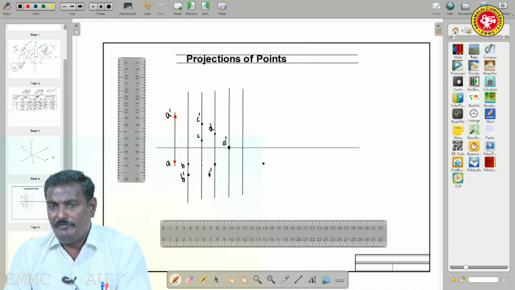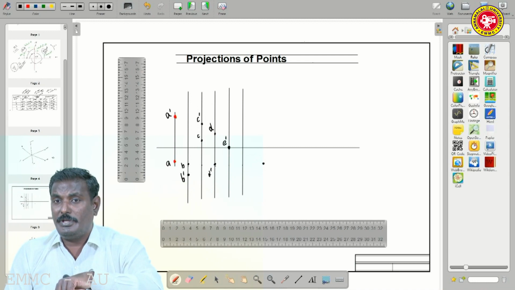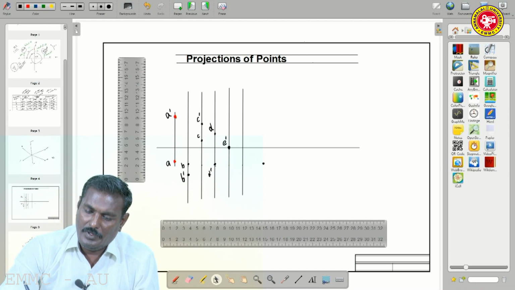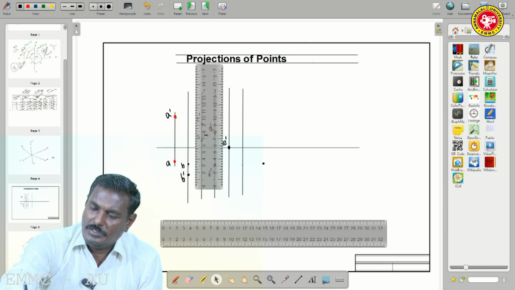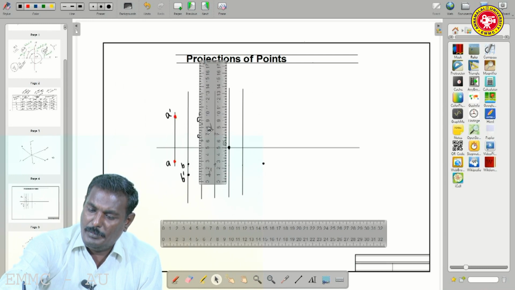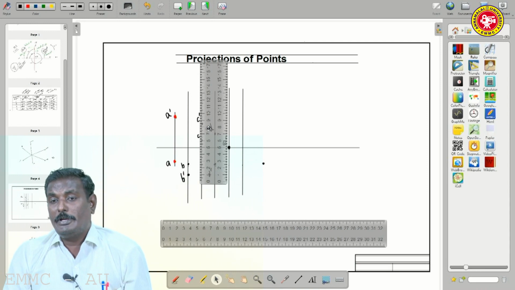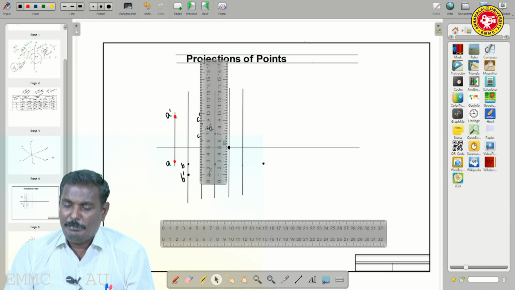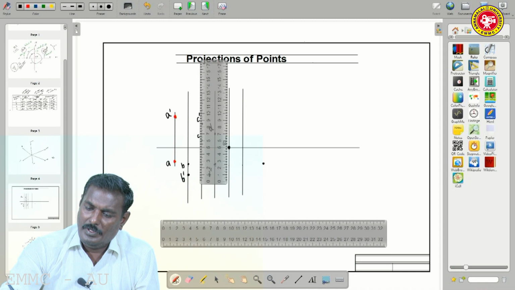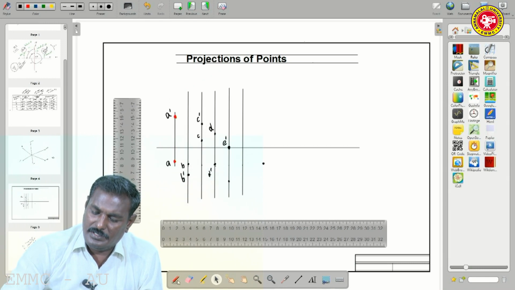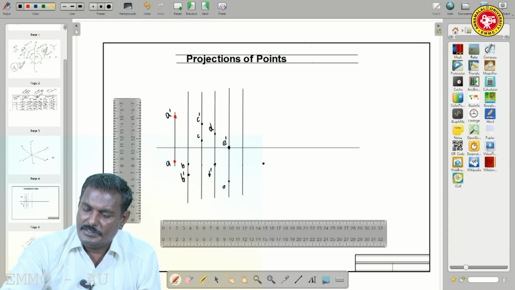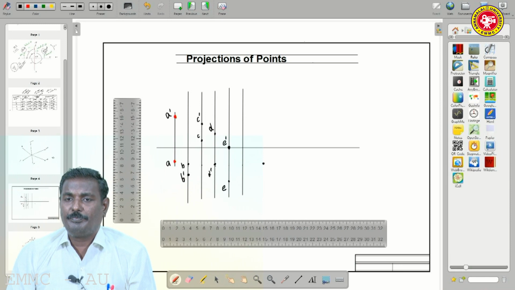So what about plan view? 50 mm in front of VP, below XY. So take the scale, and by use of perpendicular scale, measure 50 mm and represent. This is plan view E.